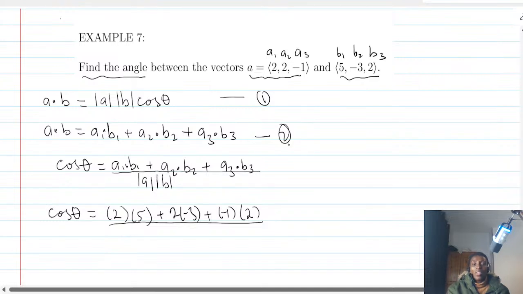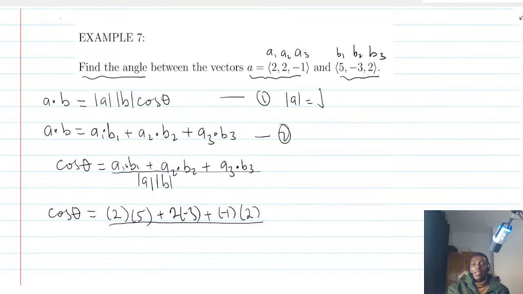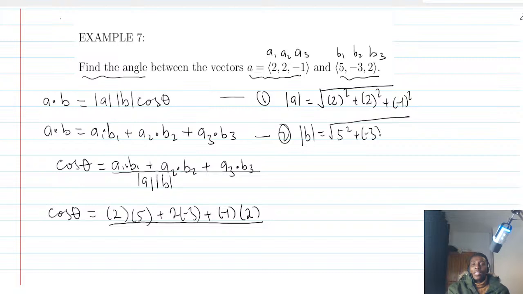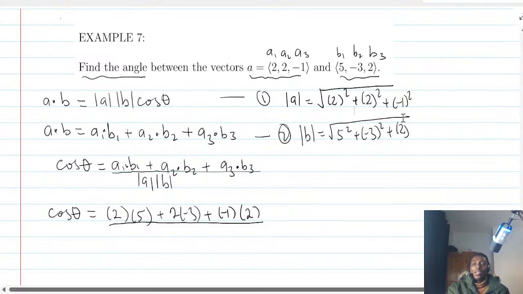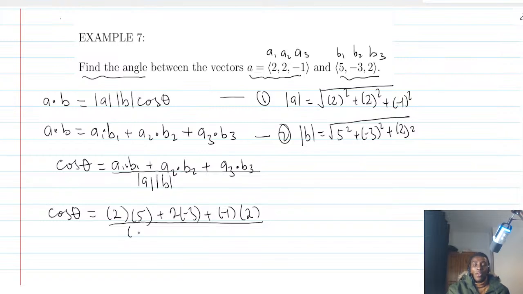So the magnitude of A, let's quickly do this. The magnitude of A is square root of 2 squared plus 2 squared plus minus 1 squared. And then the magnitude of B is 5 squared plus minus 3 squared plus 2 squared. So whatever you get, then you put it inside.